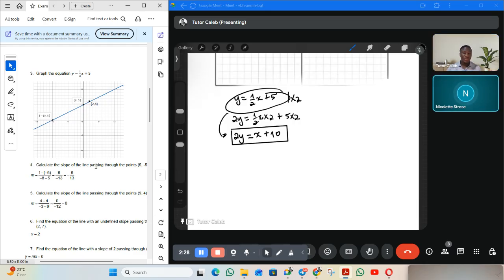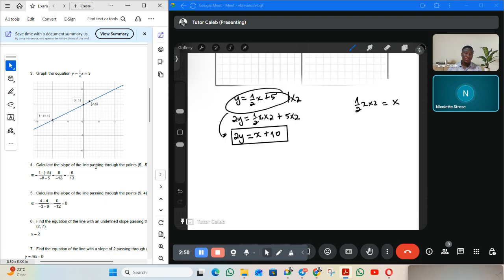I have a question. Yes. Why is the x by itself? Because half x times 2 gives you x. Yesterday I told you to put in your calculator half times 2. Half times 2 is 1.